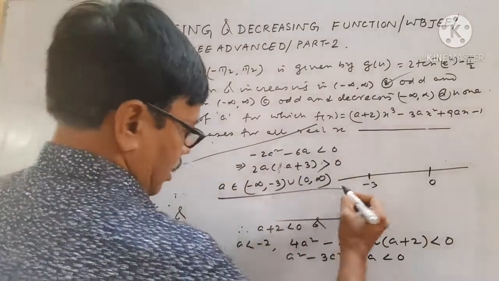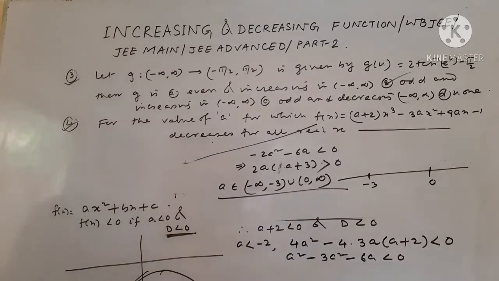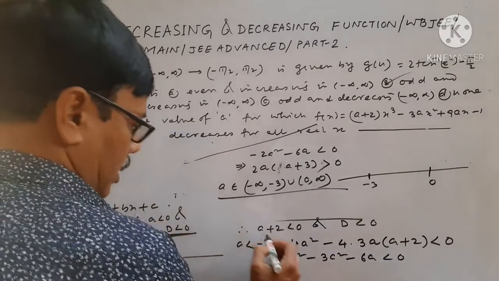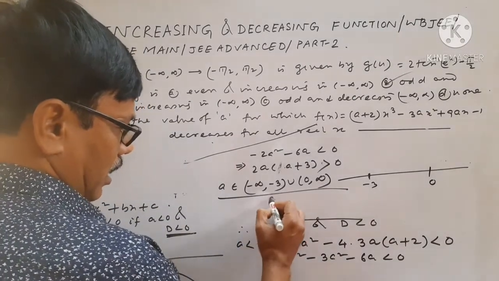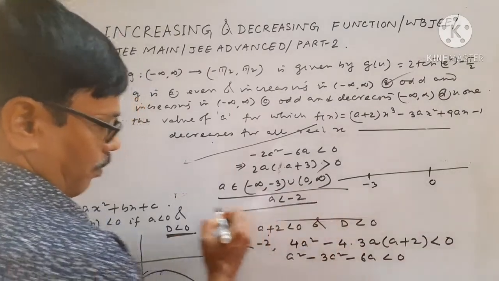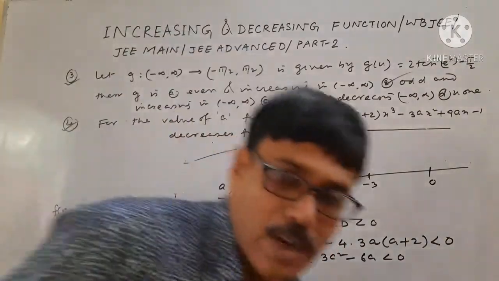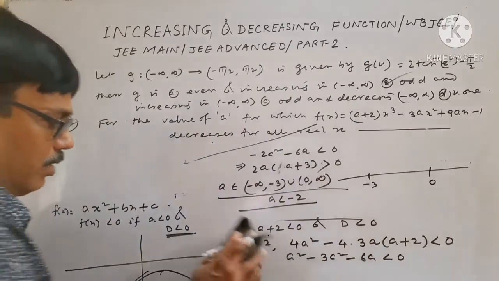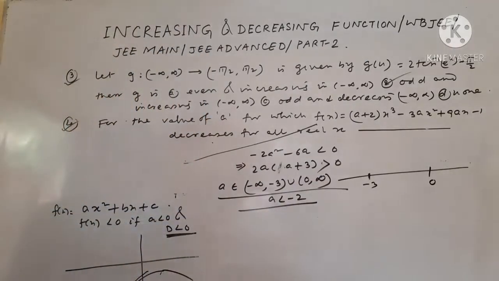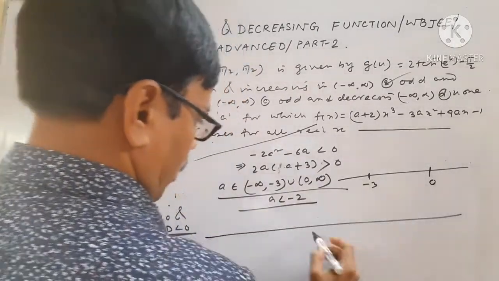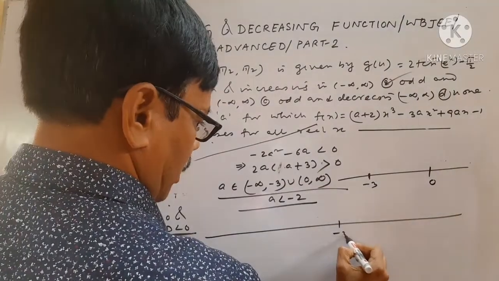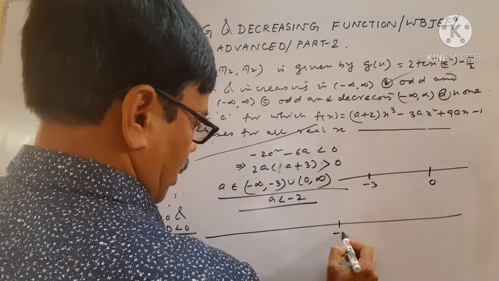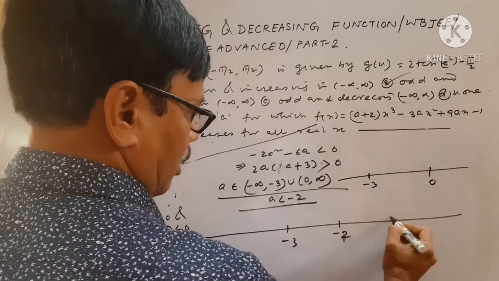So we are getting one condition from here and one more condition, that is a less than minus 2. Now we have to find the common part. If we draw the figure, this is minus 3, this is minus 2, this is 0.